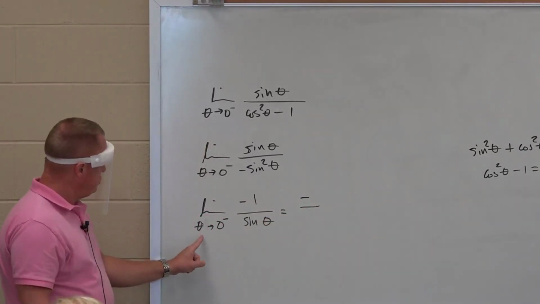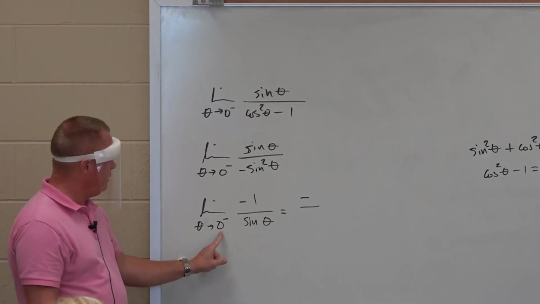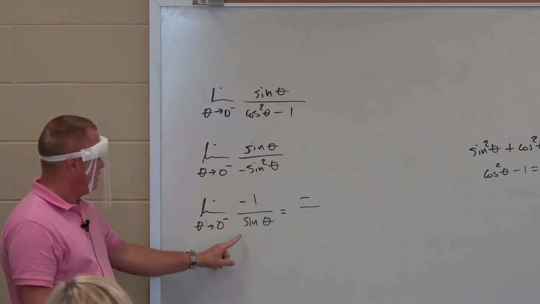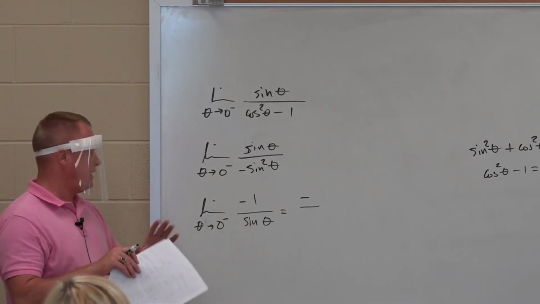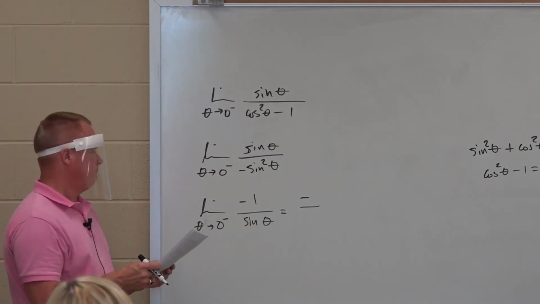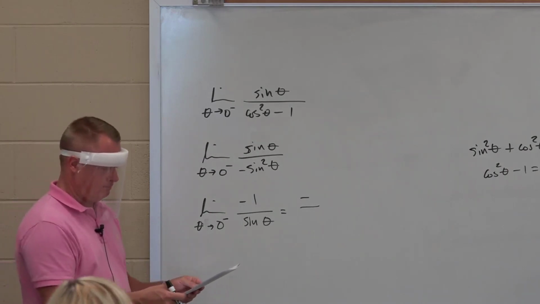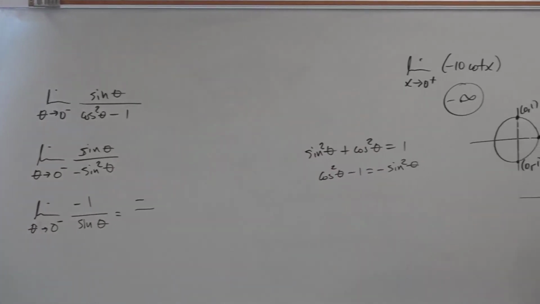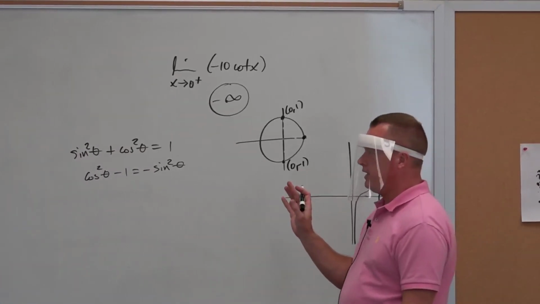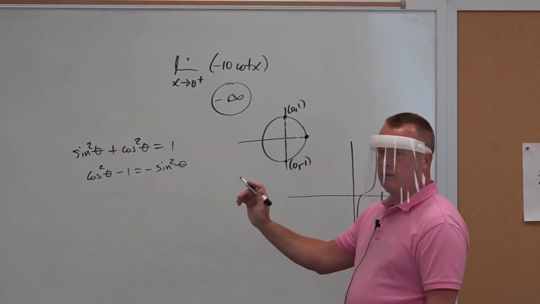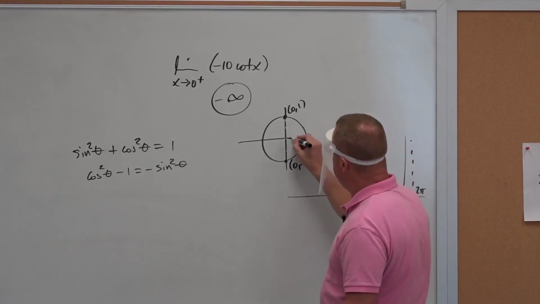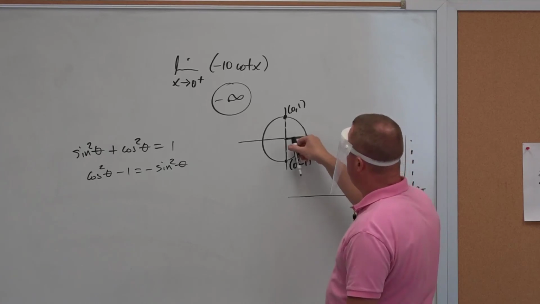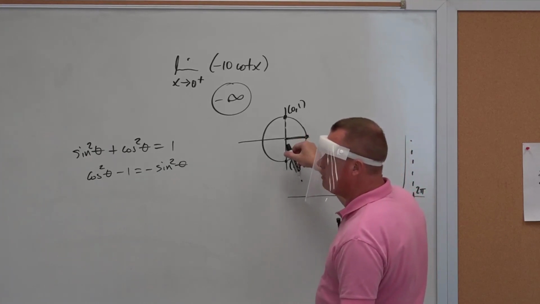As you approach 0 from the left, okay, what sign will sine theta be? Okay, so think of what you're looking at. You're looking at angles, right? So 0 is right here, okay? So as I approach 0, I come from the, which way did I say?